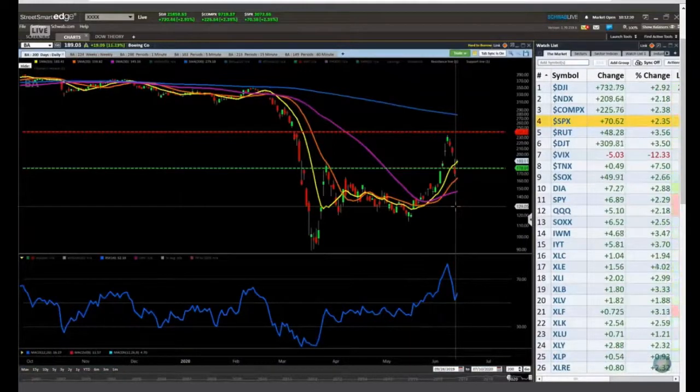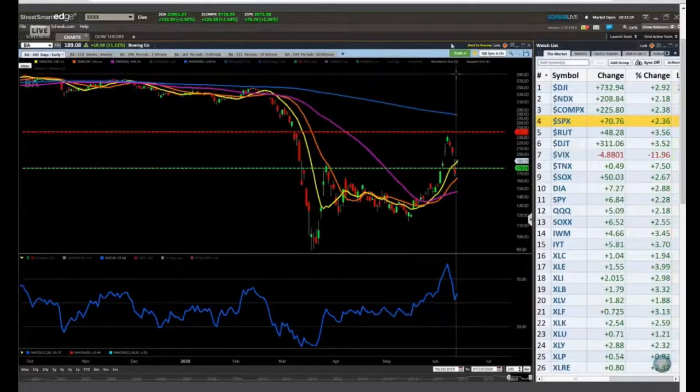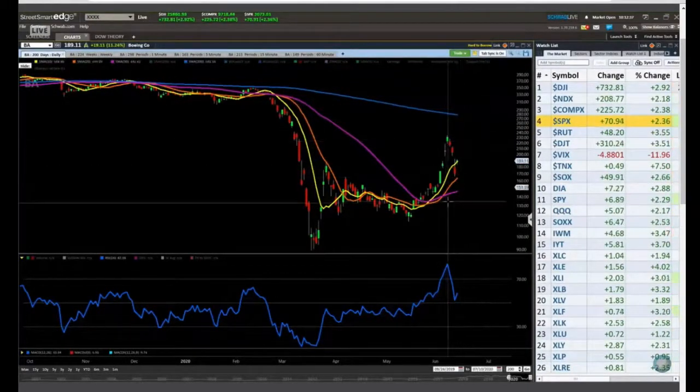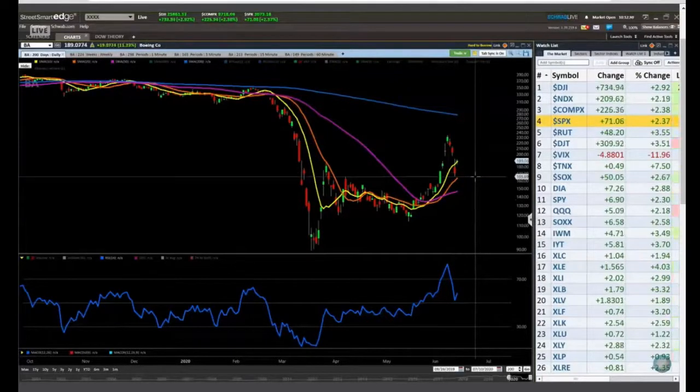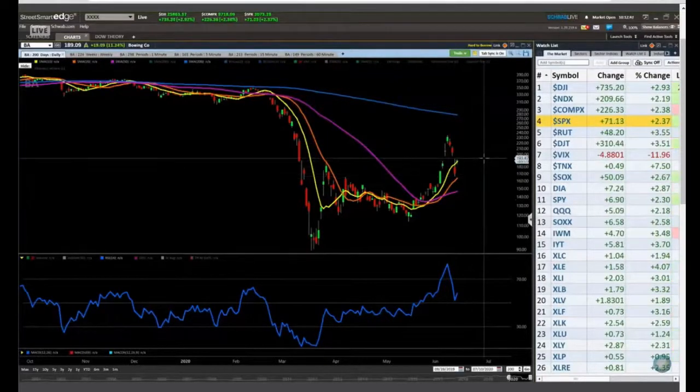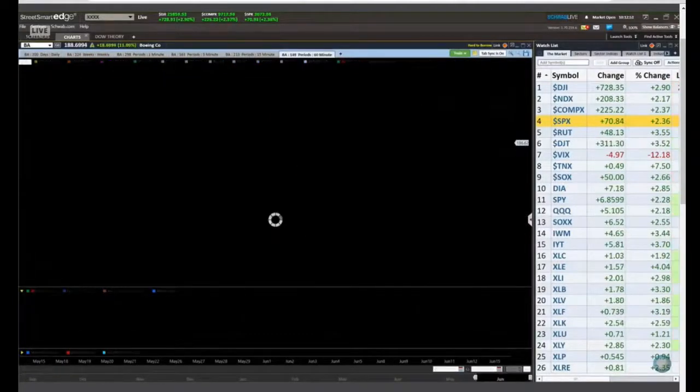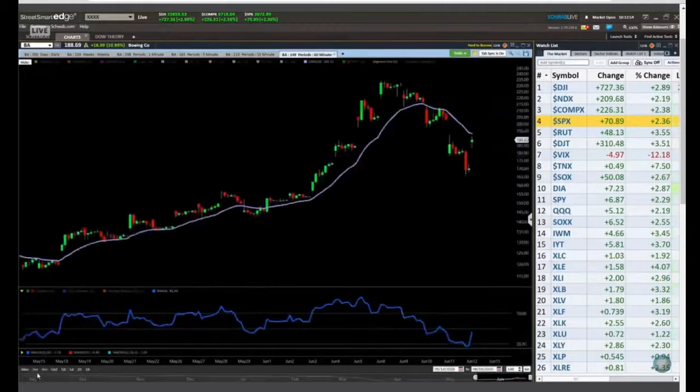They had a real rough day yesterday, but I'm going to hide my resistance and support here real quick. So they didn't come to the 20. You're getting a pretty good bounce, but what's interesting today, Lee, is that as of yet it hasn't taken out the high from yesterday. Yeah, short term you've got to watch that. And then let me show you this one, because we've been talking about that 20 EMA.